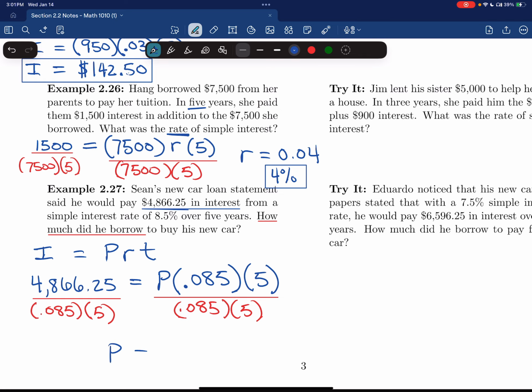The principal is $4,866.25 divided by 0.085 times 5, which gives me $11,450. This is the amount that Sean borrowed so that he could purchase his car. All right, that was the principal.